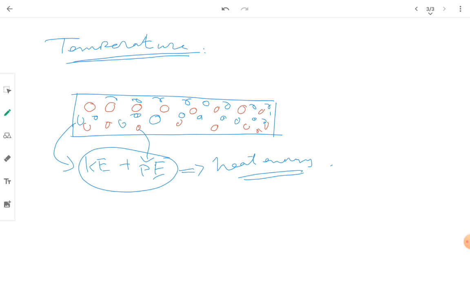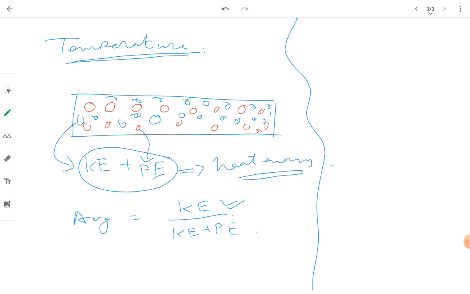We know that from the previous topic. And here if we take the average of the kinetic energy, divided by kinetic energy plus potential energy, this is the average of kinetic energy. So the average of kinetic energy of the molecules in the body is known as the temperature.